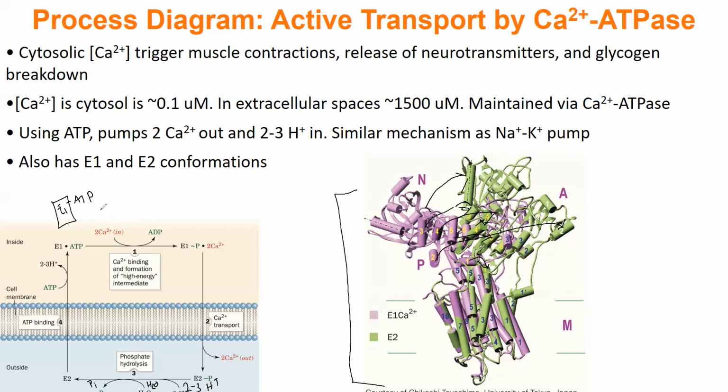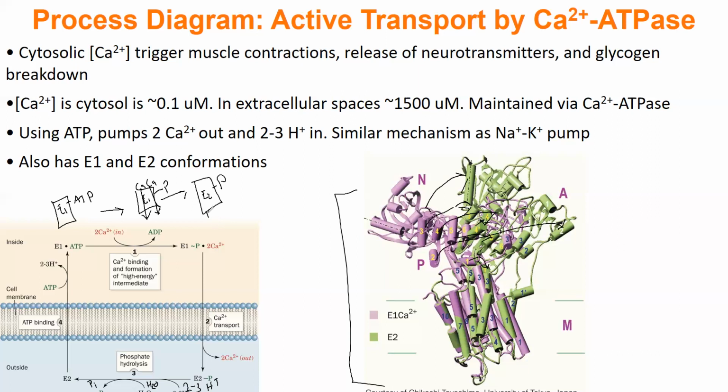And in this condition, we'll bind 2 calcium on the inside of the cell, and this will hydrolyze that ATP to make a high energy E1 phosphate, just like in our previous mechanism. When we do that, we can pump the calcium out, and we're left with an E2 phosphate, just like in the previous mechanism.